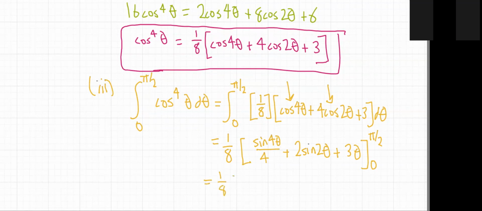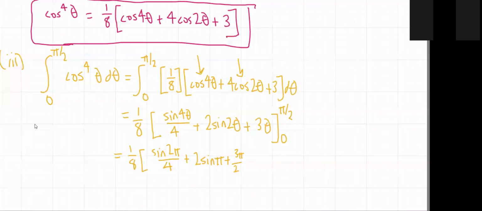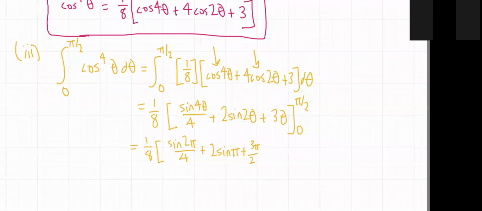And this is equal to the sine of, so 4 times pi over 2 is 2 pi, over 4, plus 2 sine pi, plus 3 pi over 2. And this is minus sine 0 over 4, minus 2 sine 0, minus 0.